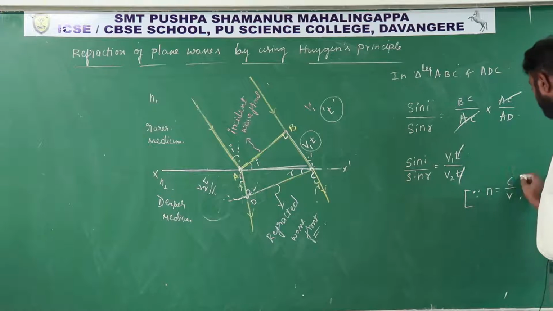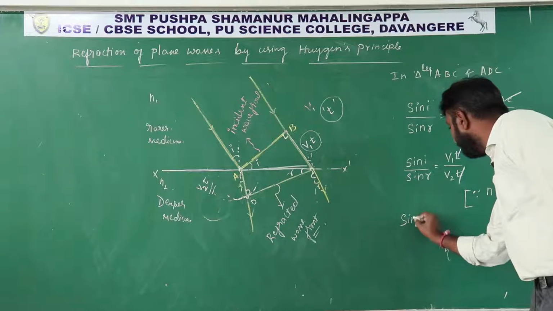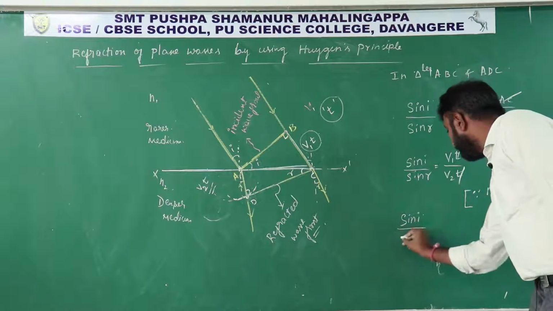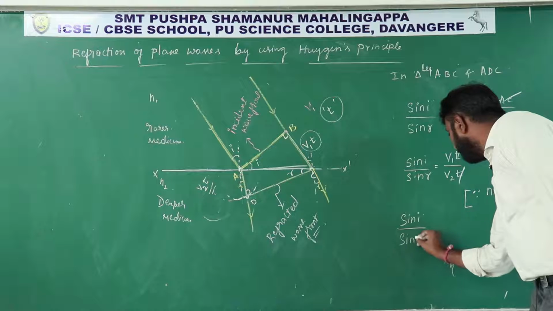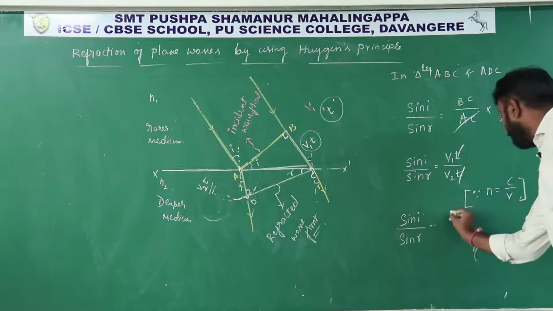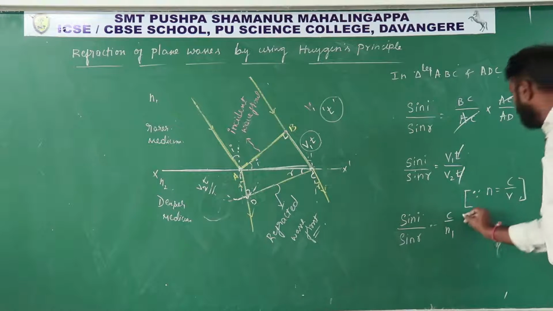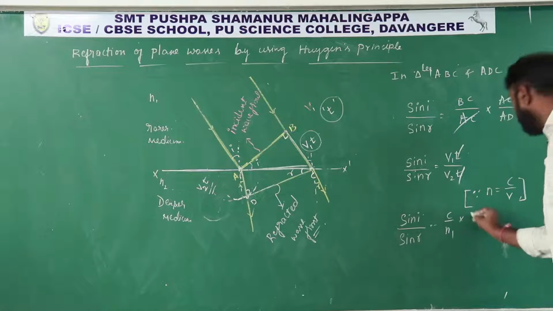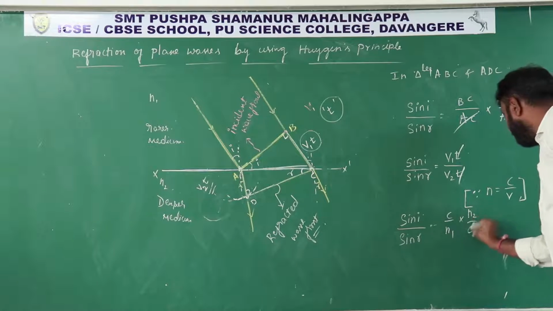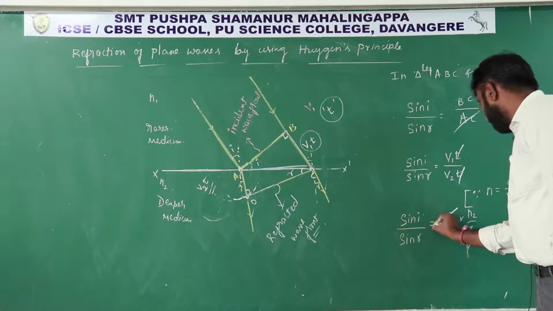Because n is equal to C by V, you can write here sin I by sin R is equal to, in place of V1 you can write C by n1, in place of V2 you can write C by n2, that will become n2 by C. Here C also will get cancelled. Finally, sin I by sin R is equal to n2 by n1.